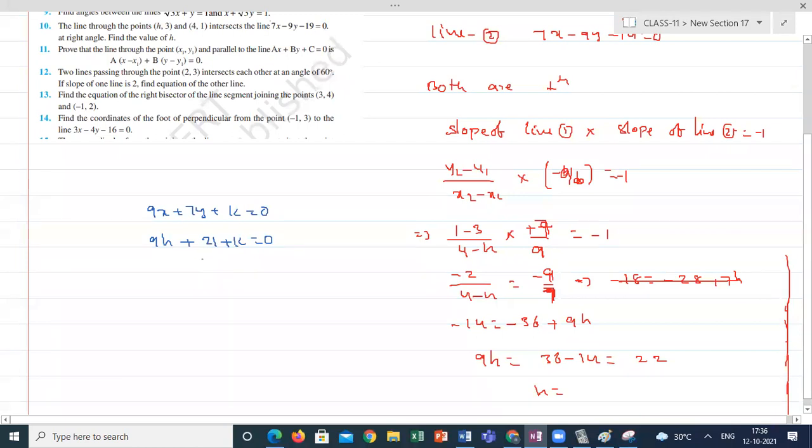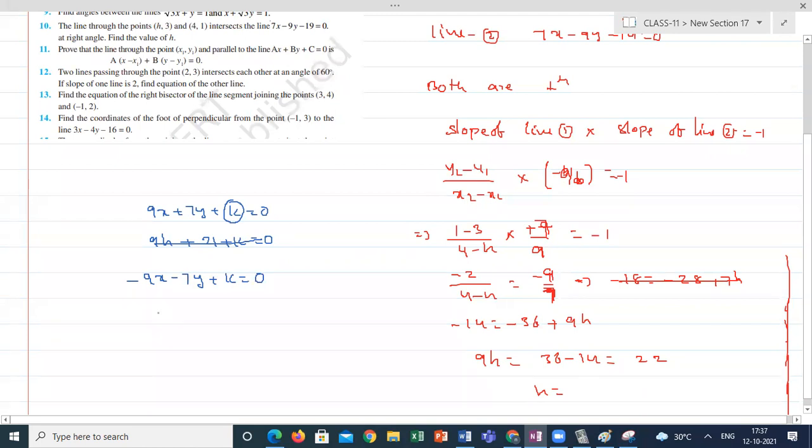K is a constant, an unknown thing. It might be minus or might be plus. Why do you have to take a minus? K is an unknown value, no? Sir, it will come minus 9x minus 7y plus k is equal to 0. Okay, minus 9x minus 7y plus k is equal to 0. So 9x plus 7y minus k.